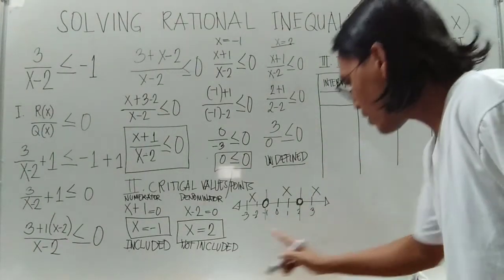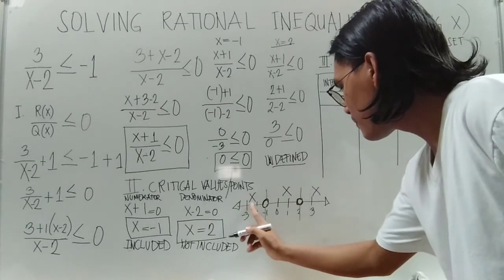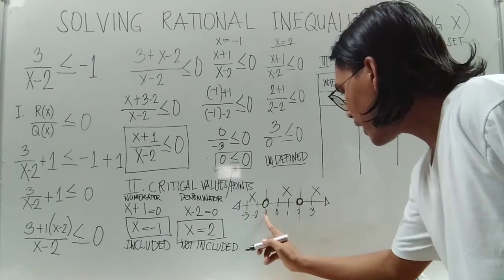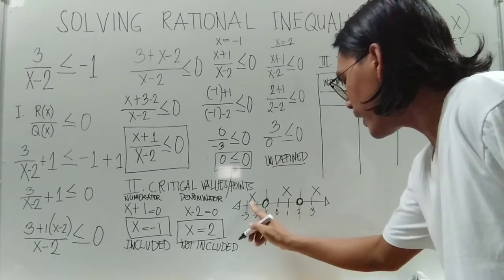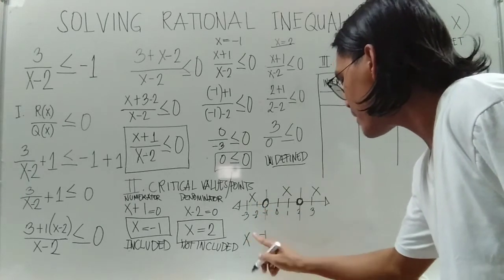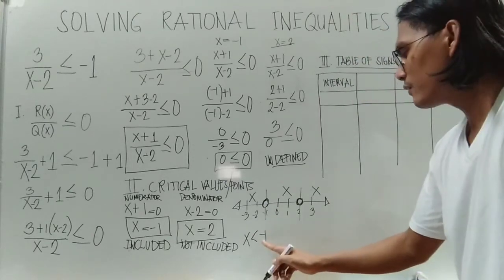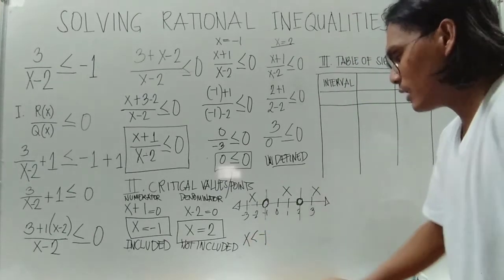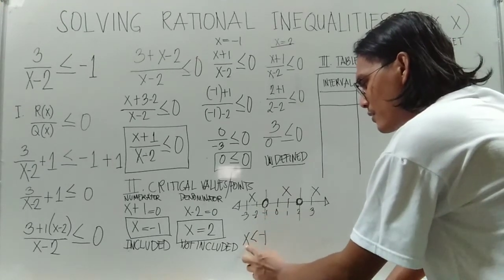So let's proceed. Here are your possible values of x, and this is your negative 1. Which is greater, negative 1 or x? Comparing x and negative 1, negative 1 is greater than x. Again, negative 1 is greater than x.